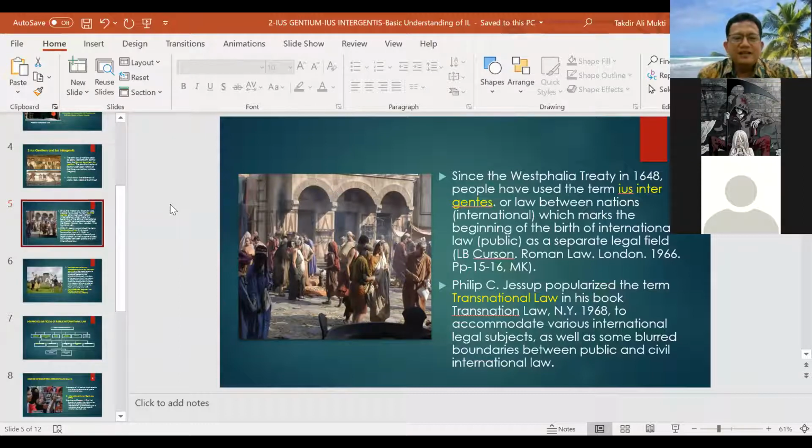Although the independence of the Netherlands was really proclaimed by Prince de Orange in 1602, this is the year when Prince de Orange proclaimed the independence of the Netherlands. But for more than 100 years it was not fully recognized.